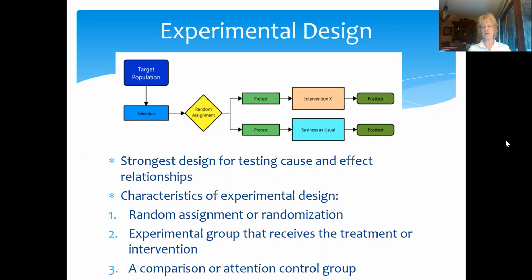But the trouble with that is you have to make sure that those units are the same, or those clinics are the same, and there aren't alternative characteristics that could be responsible for the differences you're seeing. So you have random assignment, and you have an experimental group that receives some treatment or intervention, and a comparison group or an attention control group, where they get just equal amounts of attention, but they don't really receive the intervention.